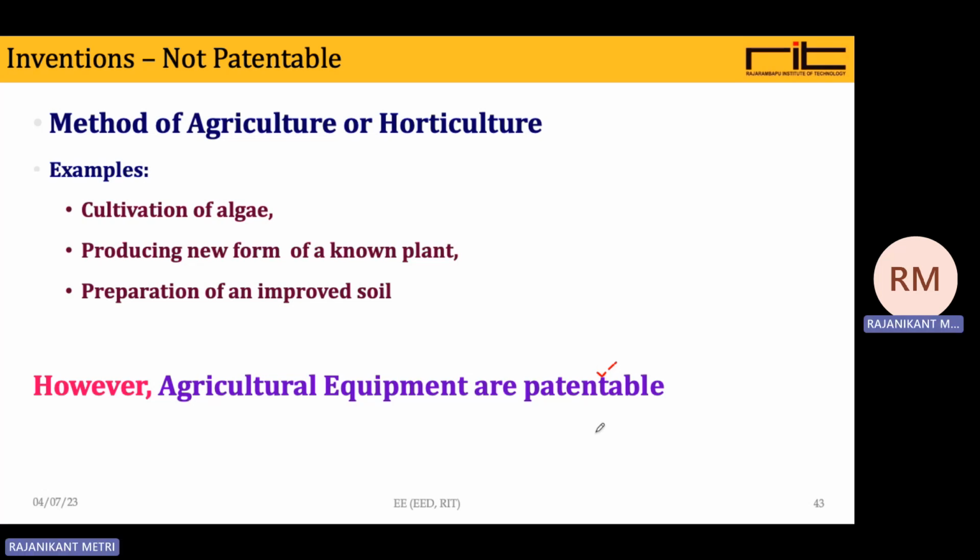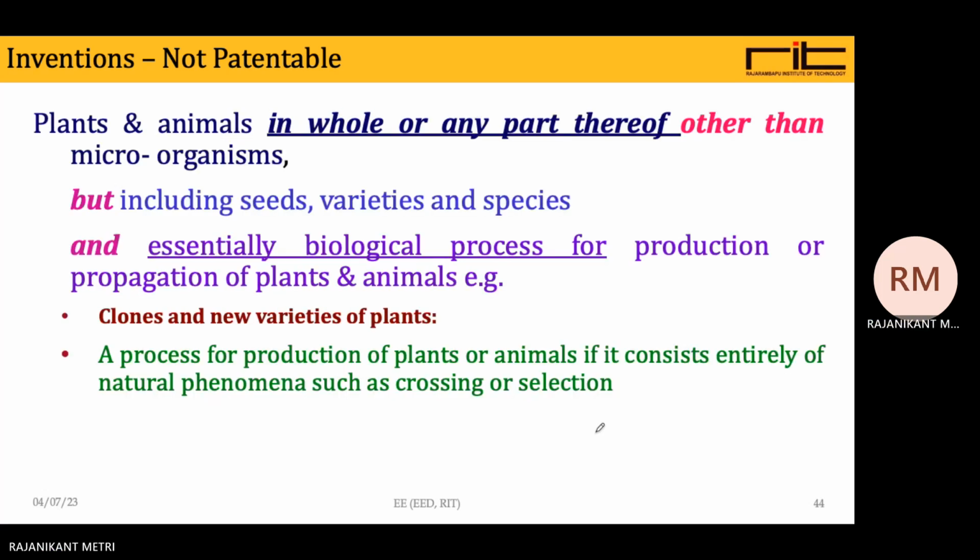So we have seen some equipment like sugar cutting machines or crop cutting machines. So such products can be patented. Then related to plants and animals in whole or any part thereof other than microorganisms, but including seeds, varieties and species, and essentially biological processes for production or propagation of plants and animals is also not patentable.